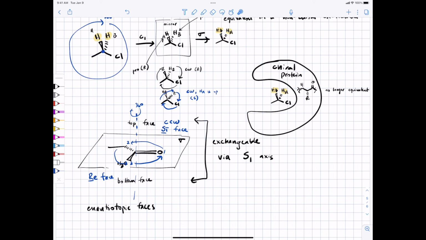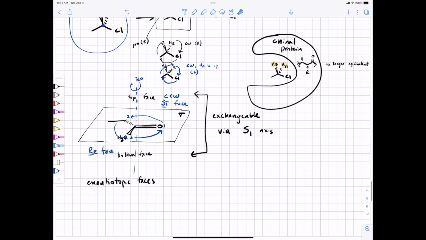I guess the people that invented the symmetry rules do that because they want to show a connection between a regular mirror plane reflection and one in which you spin around by less than 360 degrees into a mirror plane. So if you see an S1 axis, you can totally ignore that.